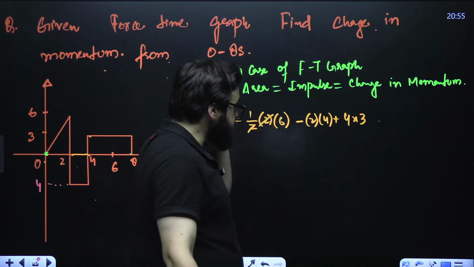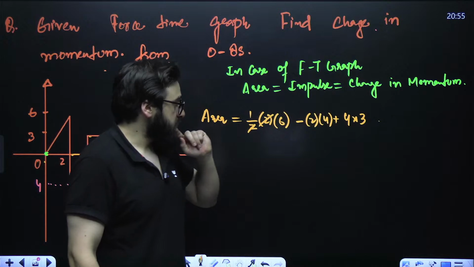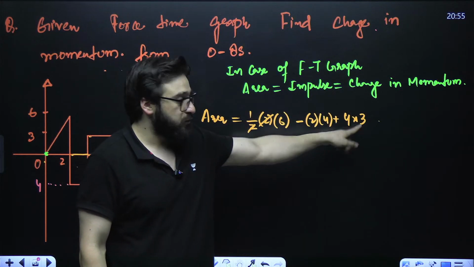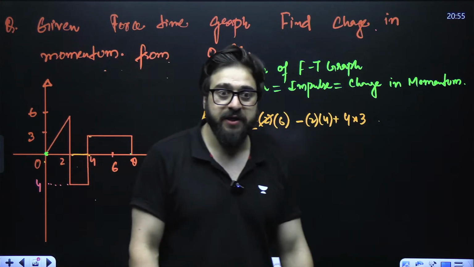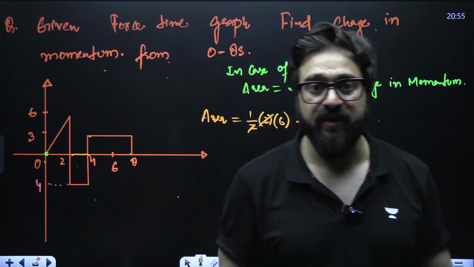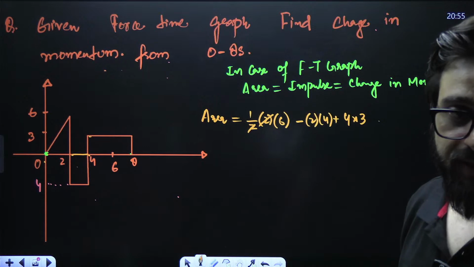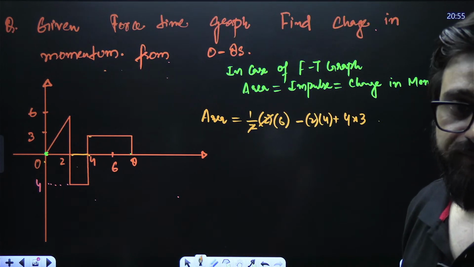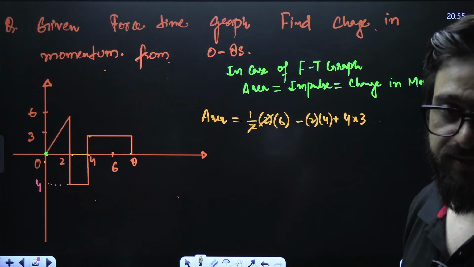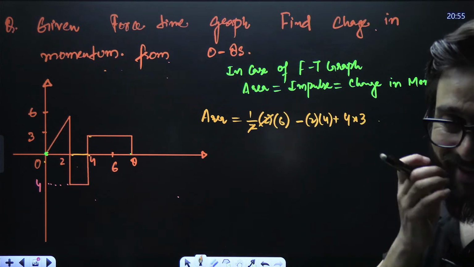So this is 6 minus 6 and plus 4 into 3 is 12. So in this particular case, change in momentum will come out to be 12. Is this clear? Please tell me in the chats, everybody out there. Guys, is this clear? Okay.